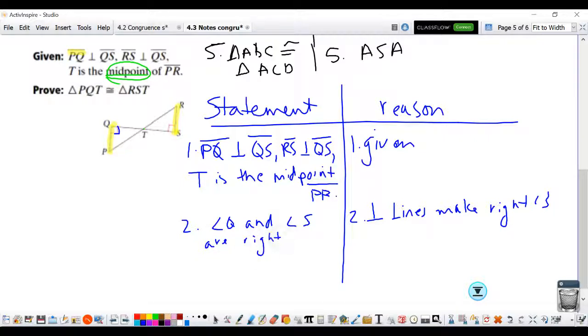We have to define what type of angle they are first. Then we can say that they are congruent. You could say they are 90 degrees. All right angles are 90 degrees or are congruent.